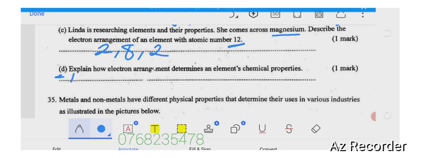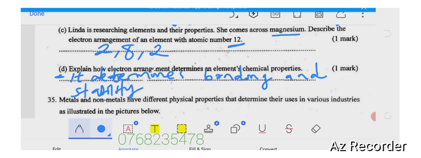So it determines bonding and stability or instability of different elements, then you get your marks.